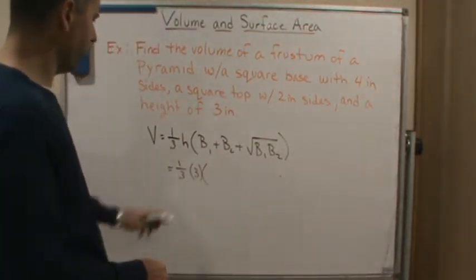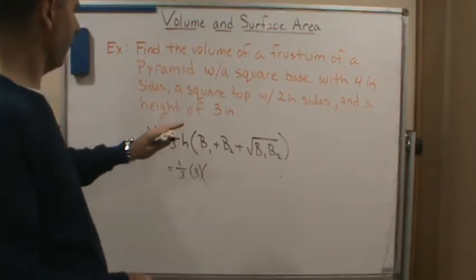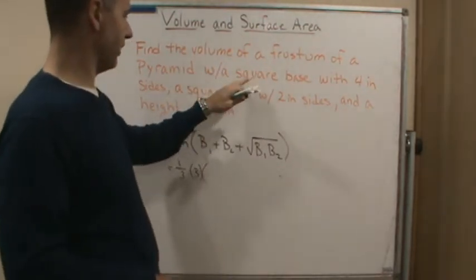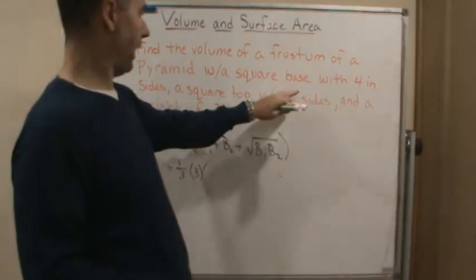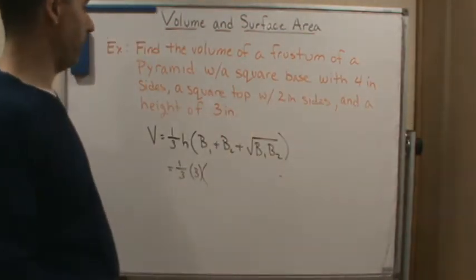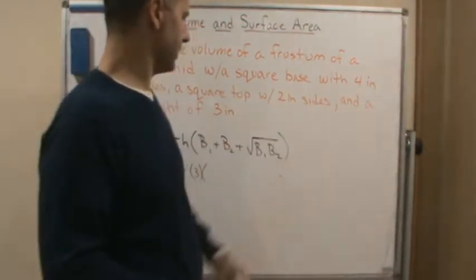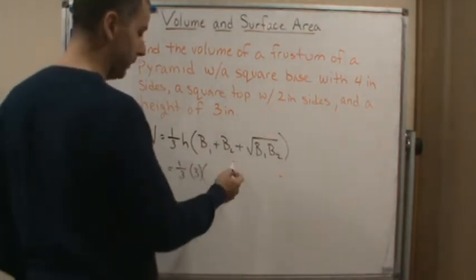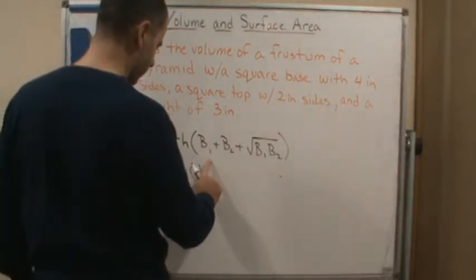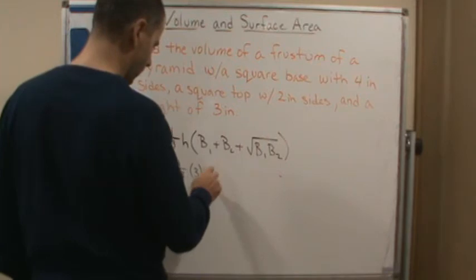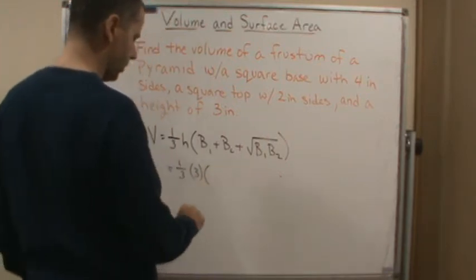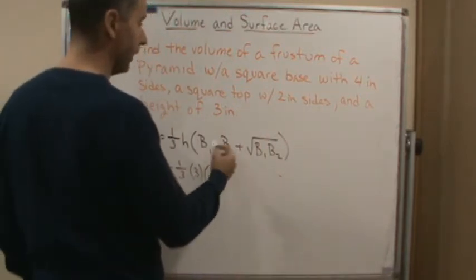Now, the area of base 1, let's just call that the bottom base, has a square base, 4 inches on a side, so the area is going to be s squared, right? So that's going to be what?